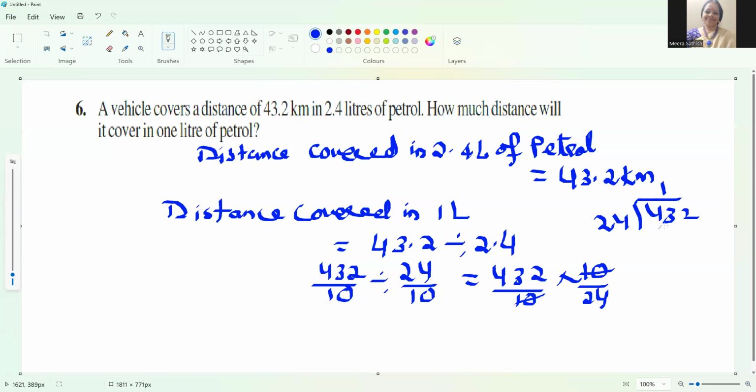One time only. 192. How many times will it go? 8. Let me try. 8 4s are 32. Yes. So 18 kilometers.